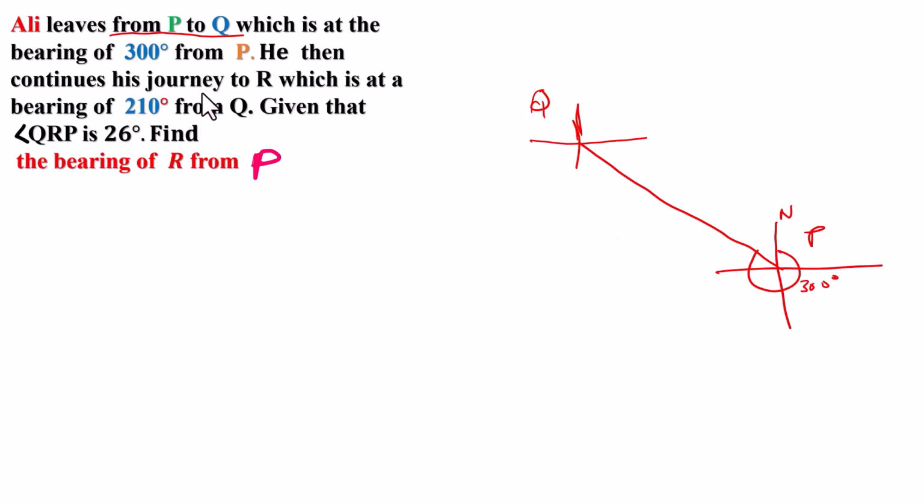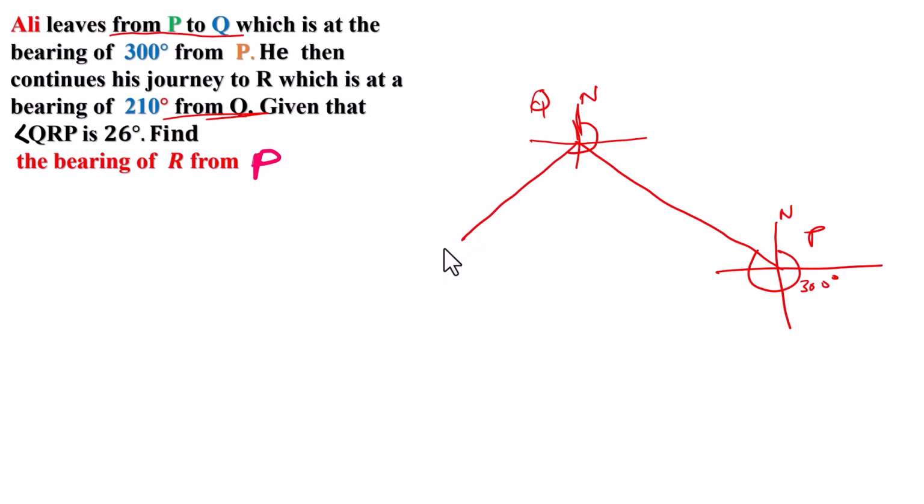He then continues his journey to R, which is at a bearing of 210 from Q. I'll measure 210 from here. I start from the north and measure clockwise to meet R. So 210 will fall within this quadrant.